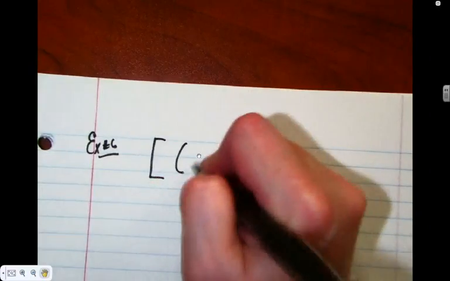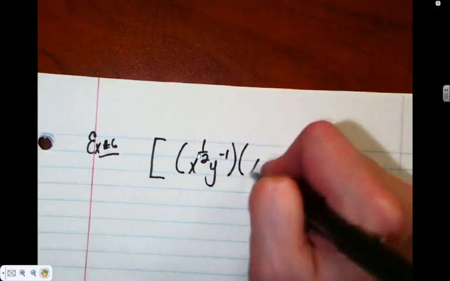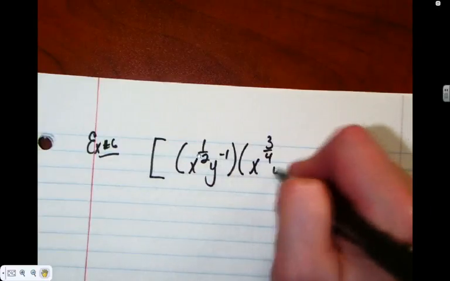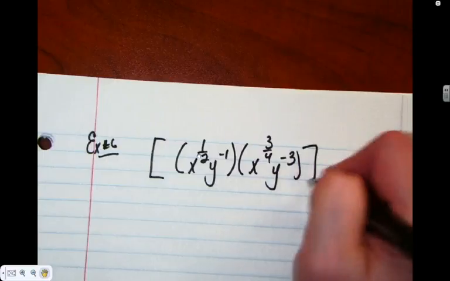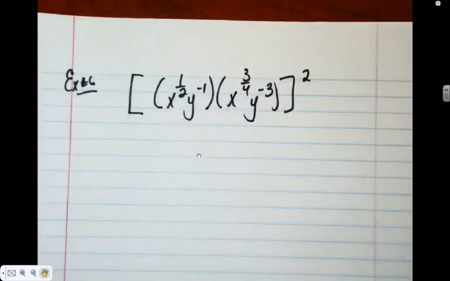Less scared is good. Number 6, lots of stuff going on here. Lots of brackets, lots of negatives, lots of fractions. We always go back to BEDMAS. It's the first thing that we do. Brackets.